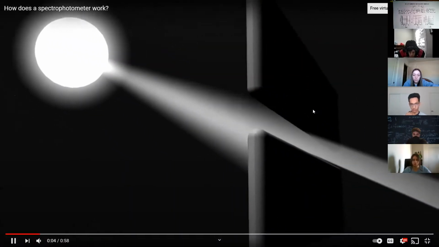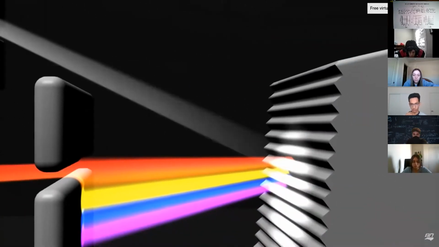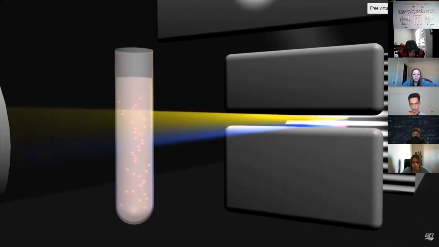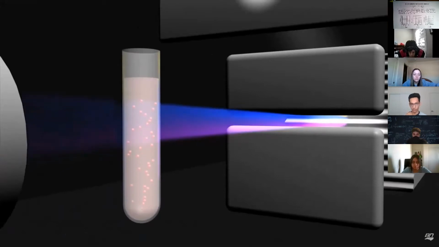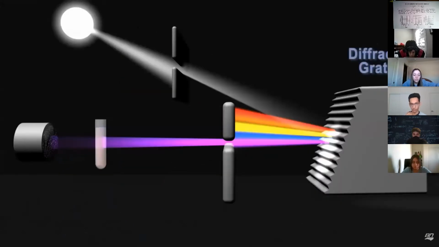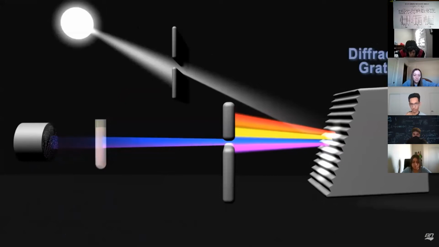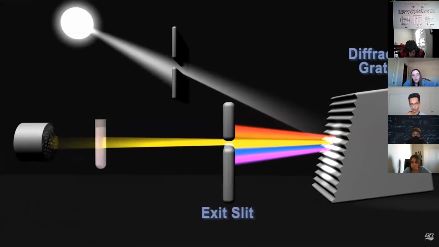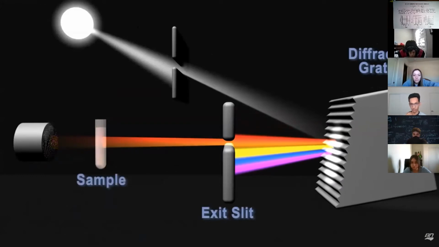A lamp provides the source of light. The beam of light strikes the diffraction grating, which works like a prism and separates the light into its component wavelengths. The grating is rotated so that only a specific wavelength of light reaches the exit slit. Then the light interacts with the sample.